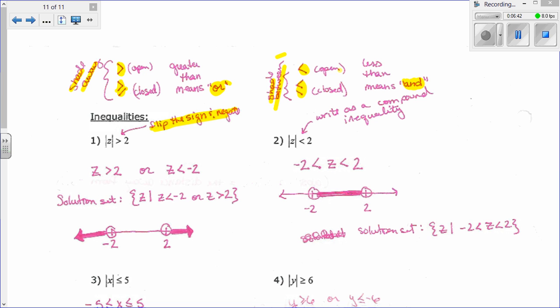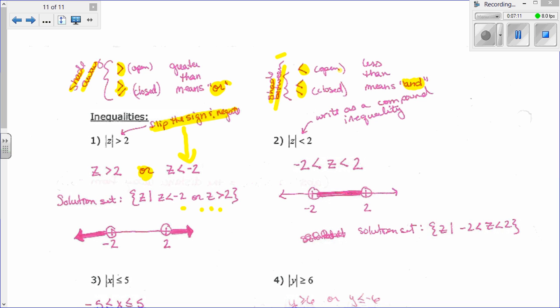So the absolute value of z is greater than 2, or z is less than negative 2. I flip the sign and I negate it.